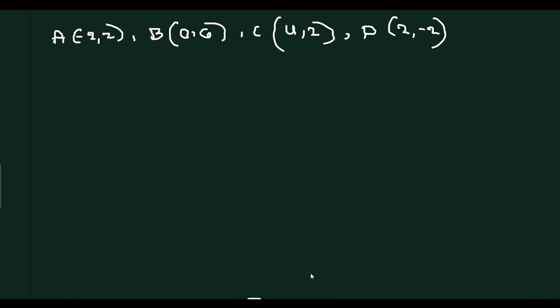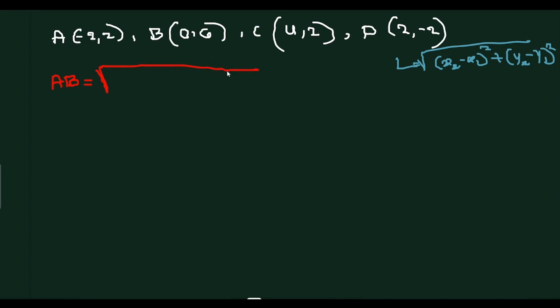Right, now we need to find the length. To find the length between any 2 points, we need to know one formula, that is under root of x2 minus x1 whole square plus y2 minus y1 whole square. That is equal to the length, right? Now let's substitute all these values in this. Let's find the length of AB first.